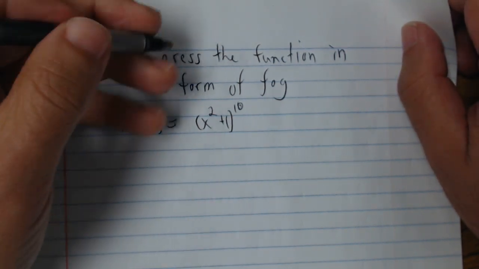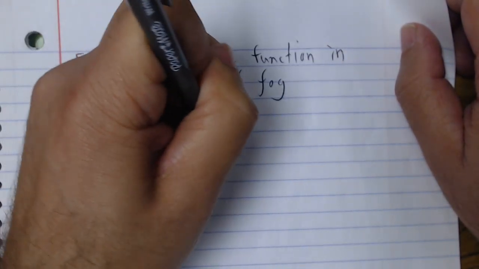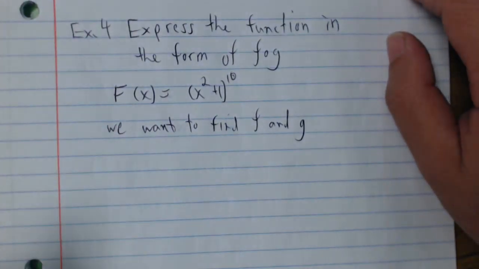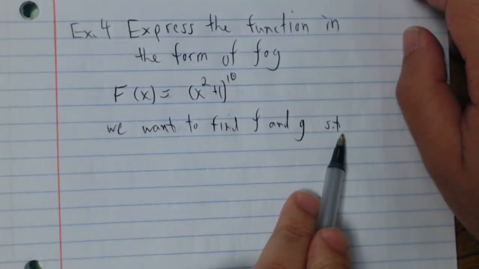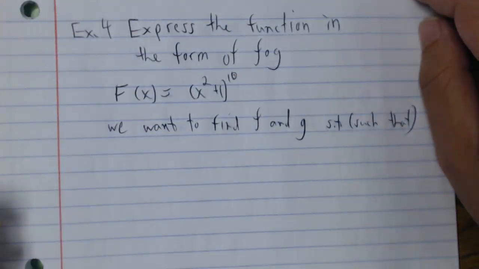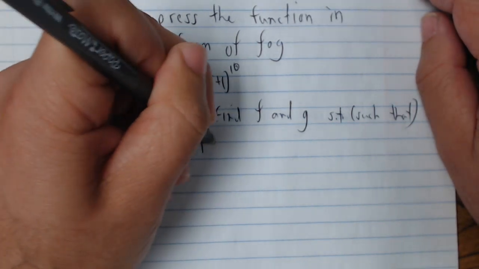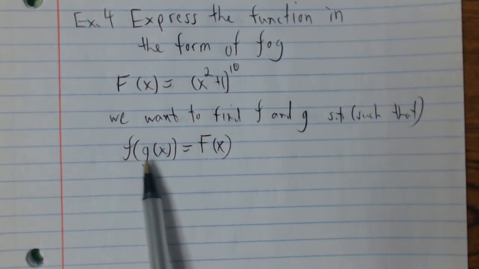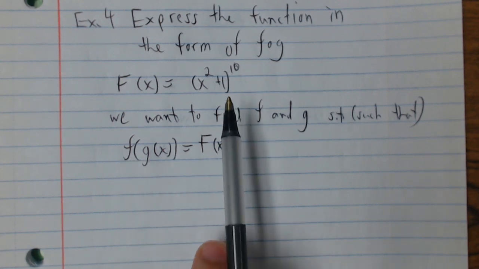So in other words, we want to find f and g such that, s.t. means such that, okay, so that f of g of x is the same thing as capital F. Okay, so the key here is I need to find two functions where when I take their composition, I get capital F.